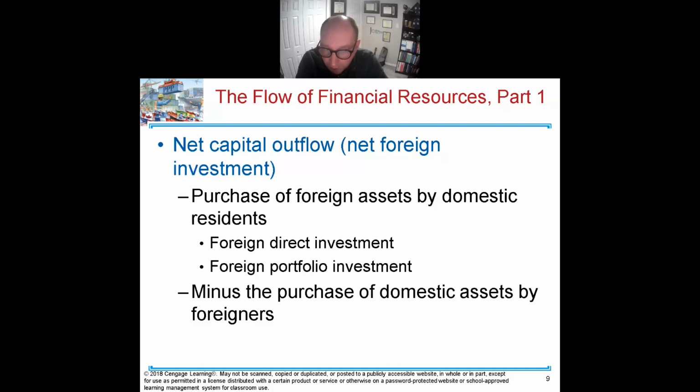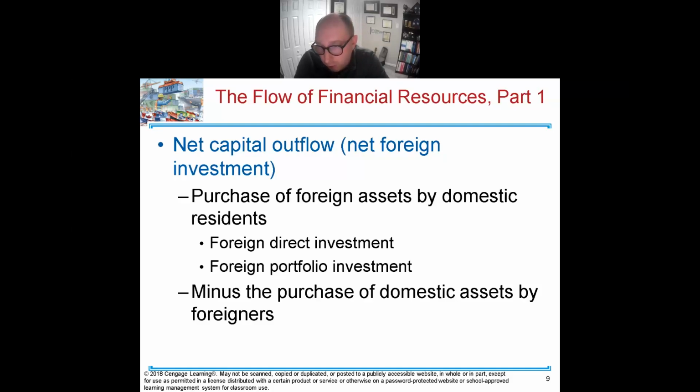Those are forms of foreign direct investment. It's where the money goes directly to another country for the purpose of investing through buying land, putting a building up, hiring employees, etc. We call that foreign direct investment.